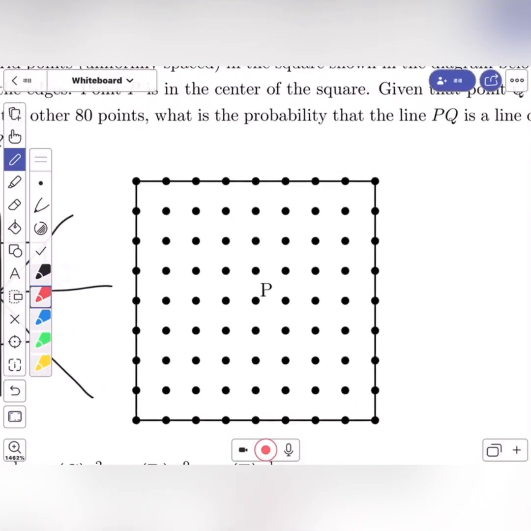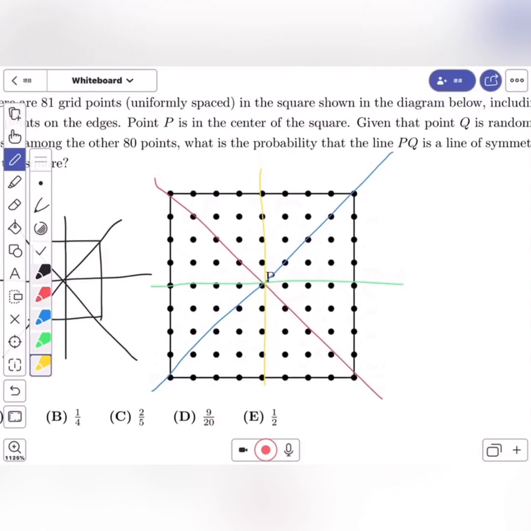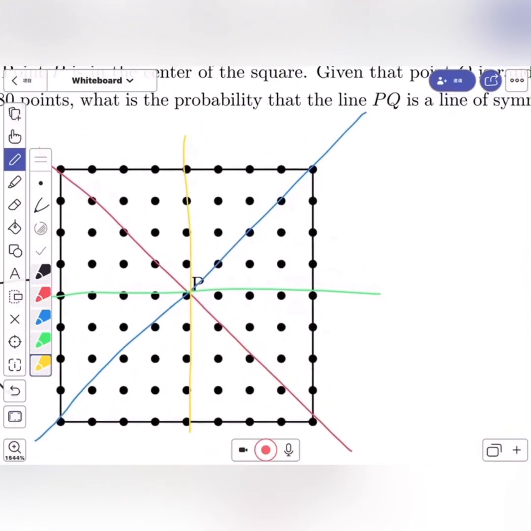And these correspond to this, and this. Now we basically just want to count how many points there are on them. So we see that there are 9 points on each of such lines.